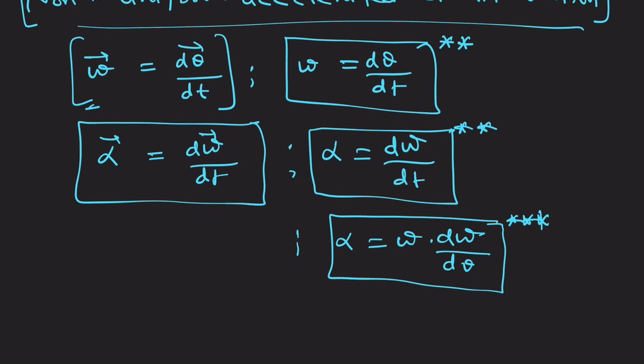There is one small idea remaining: if a particle is not moving on a circular path but on a general curve, how do we calculate the angular velocity? If I cover that part, then we'll be done with the theory, so that in the next lecture we can just focus on the problems.